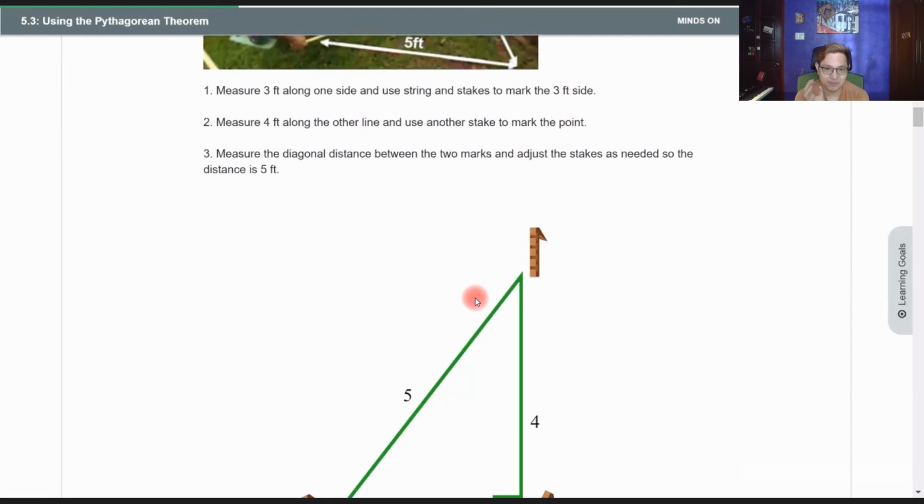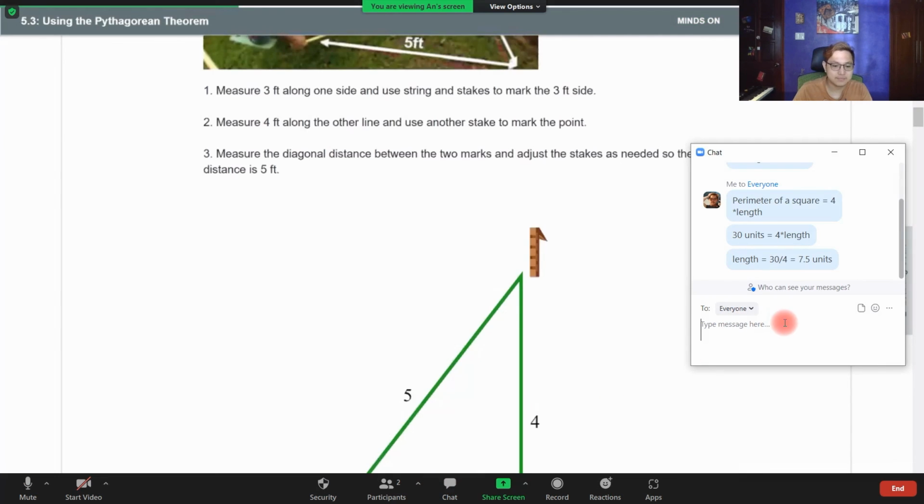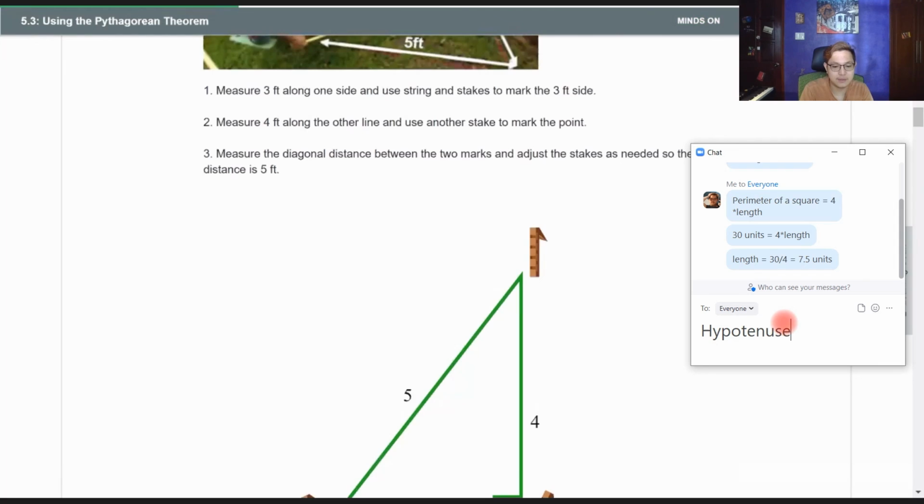You know what the Pythagorean theorem is, right? The hypotenuse squared is equal to one side squared plus another side squared. So it's a squared plus b squared equals c squared.